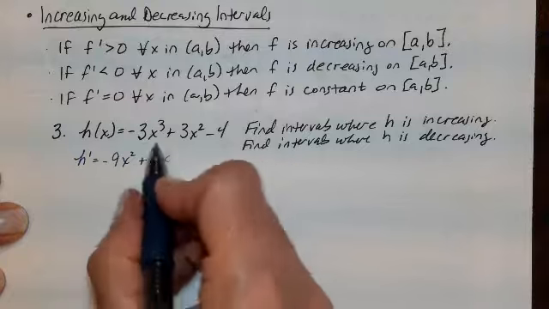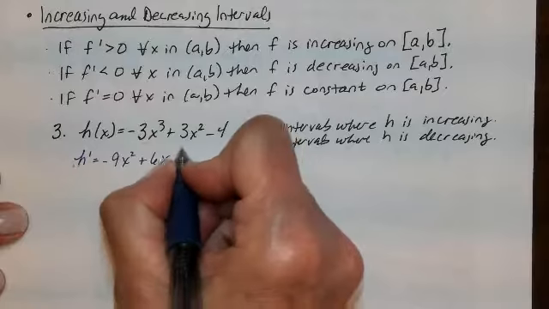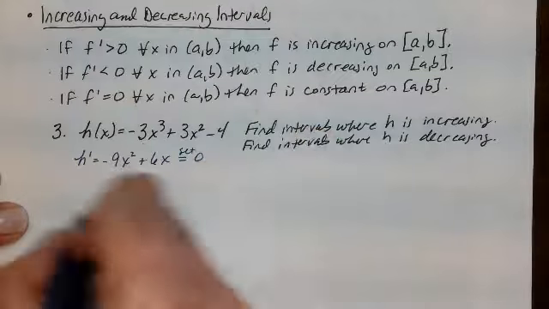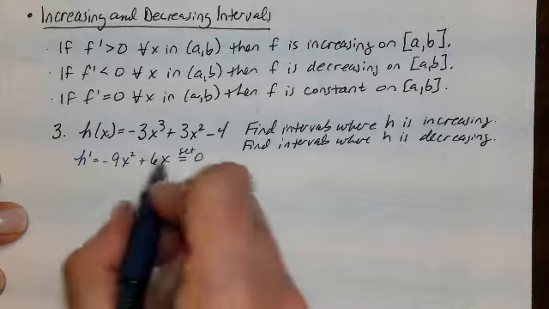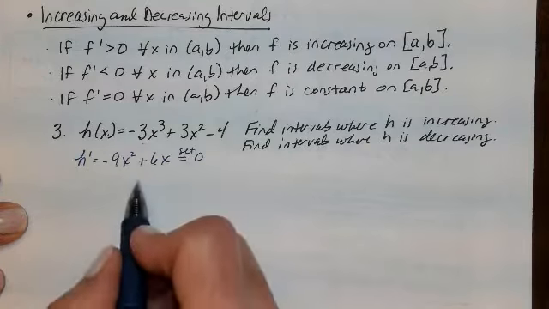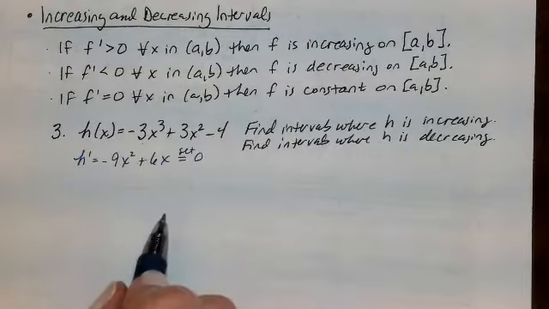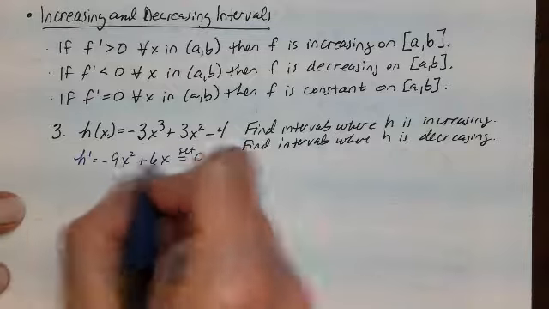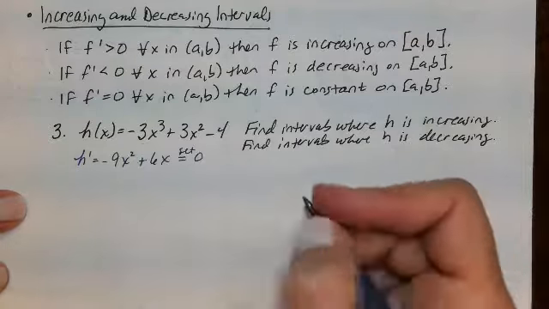Now I want to know where this is positive or negative, so I'm going to set it equal to 0 and get my zeros, and then I'll just do a little number line, a little sign chart. Once again, if there was a denominator that made this undefined, I would find it and put that on my sign chart as well. But in this case, there is no denominator. So in essence, I'm finding my critical numbers.